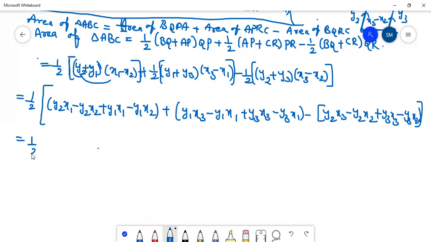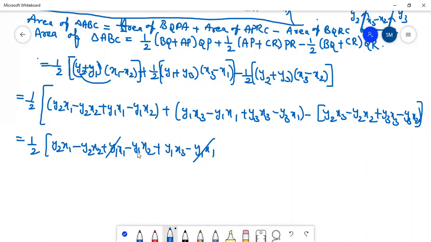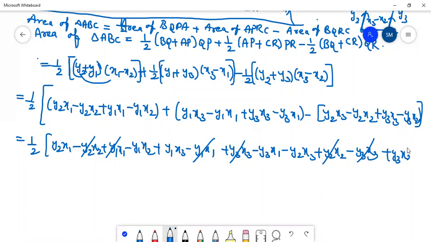Then simplify: the minus y1 x1 and plus y1 x1 cancel, plus y2 x2 and minus y2 x2 cancel, minus y3 x3 and plus y3 x3 cancel, and minus into minus gives plus y3 x2.